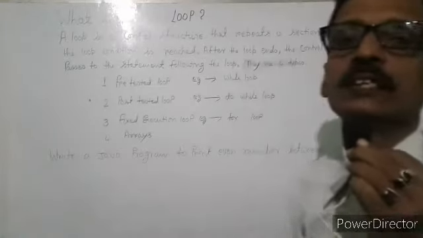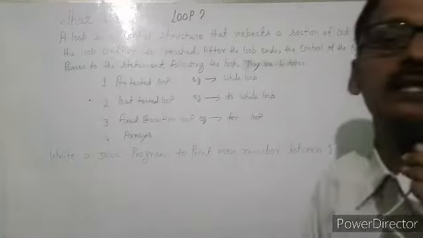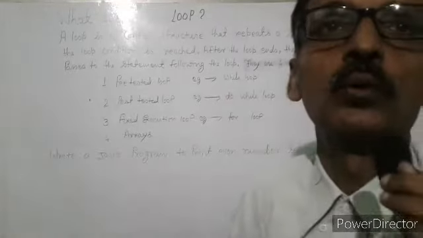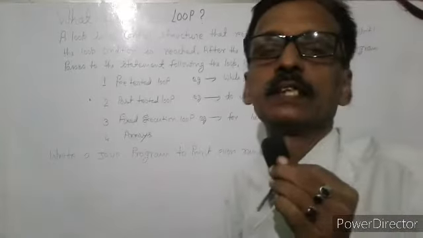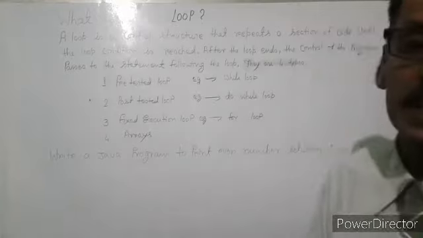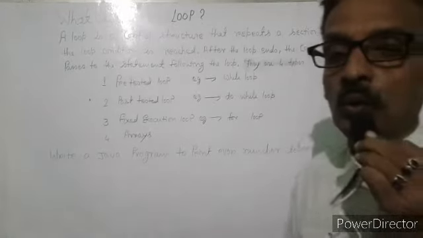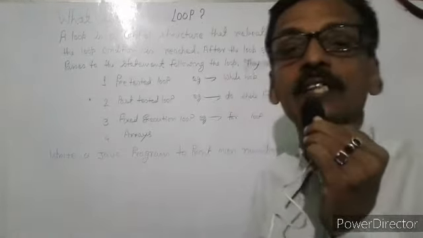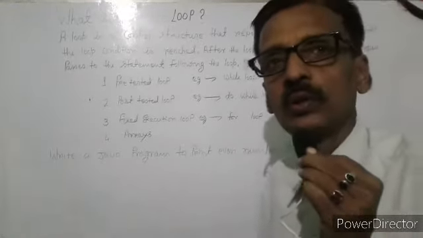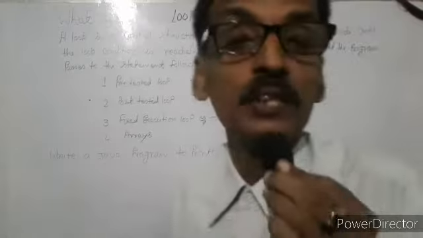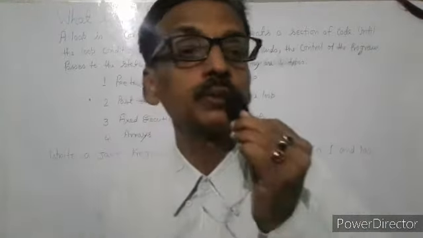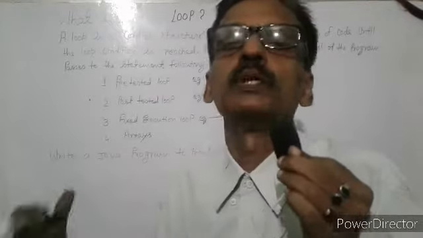I repeat again: when certain steps are repeated a fixed number of times, we say that it is a loop. Now, the months, January to December, and after 12 months the same process will be repeated.